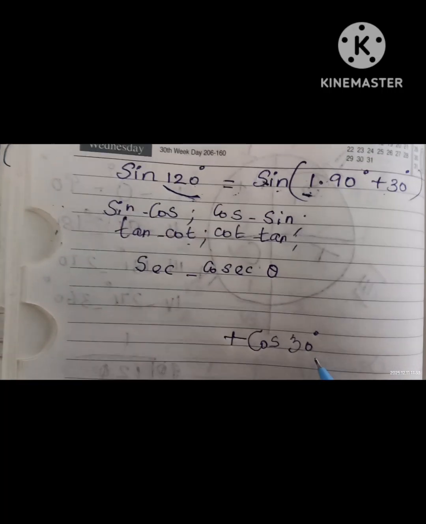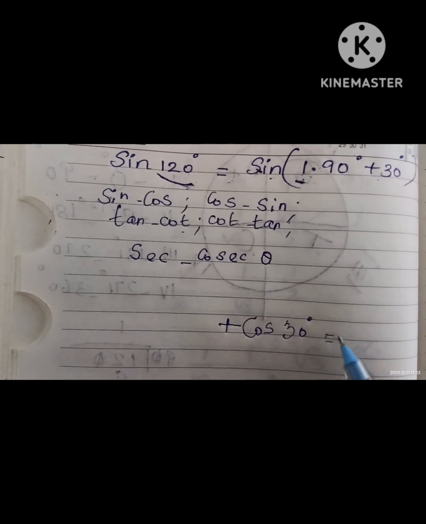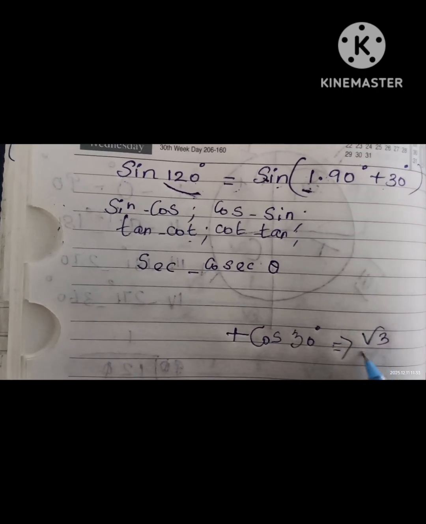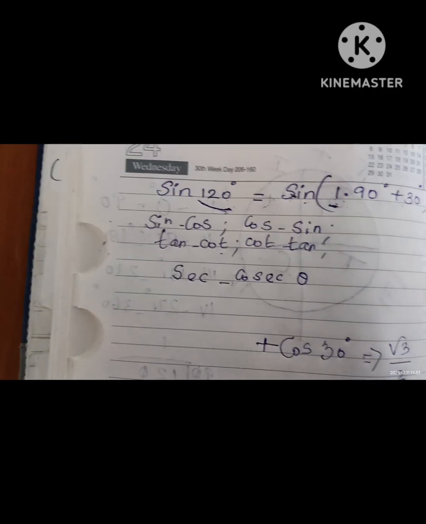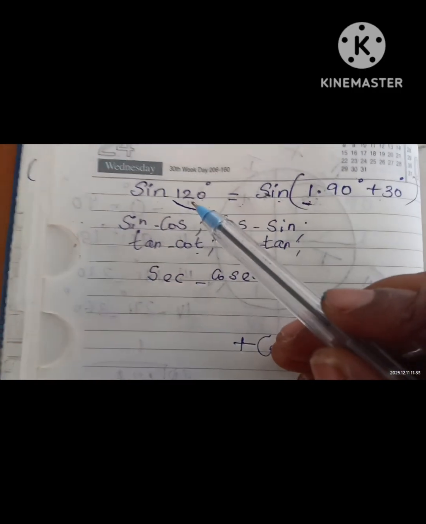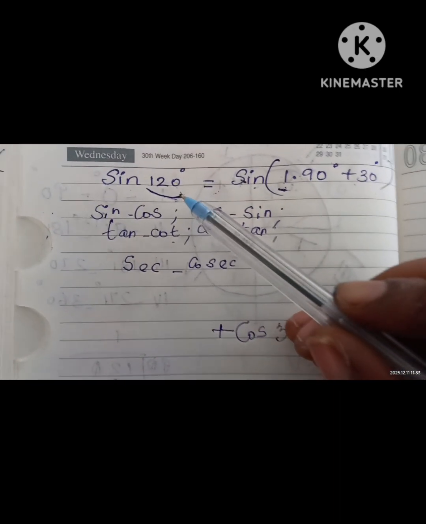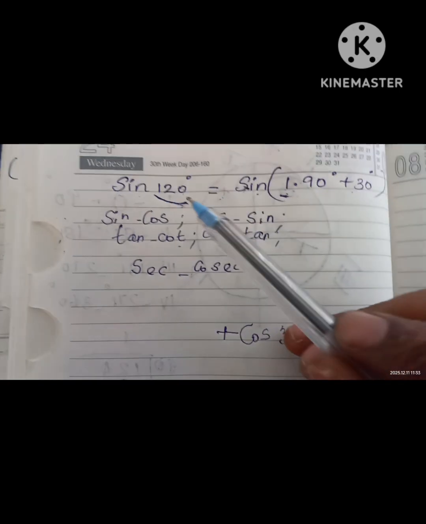Okay, what is the value of cos 30 degree? Good, root 3 by 2. So this is the value of sine 120 degree. Have you all understood? This is how we have to calculate the value for a given angle.